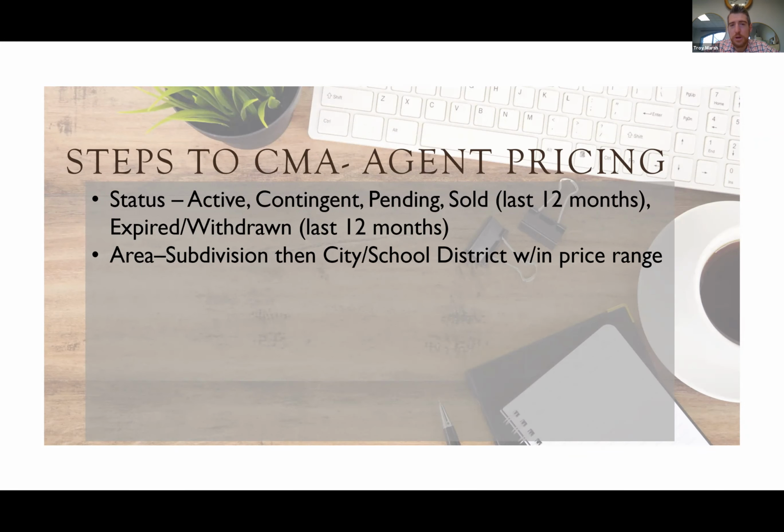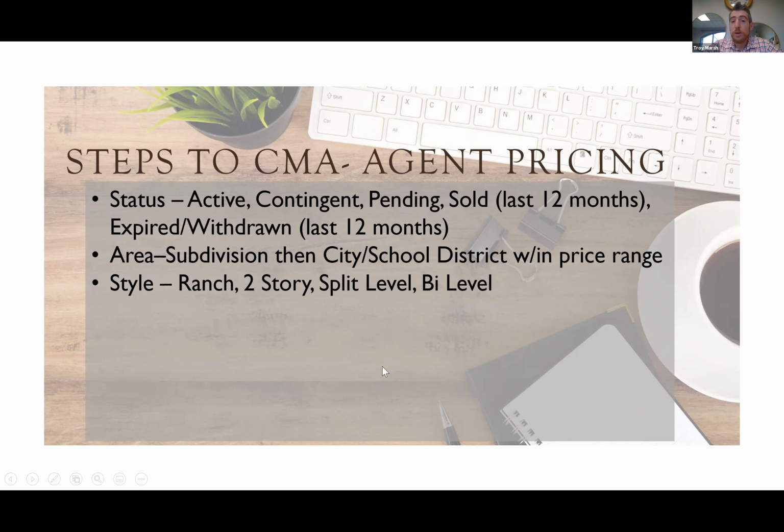For example, out in the Plain City, Marysville area, Fairbanks School District, which most people, if you've never looked out there, would never have heard of, is actually the highest regarded school district in the Northwest rural area, in the Marysville area. But if you've never sold anything out there, you would have no idea that Fairbanks schools are worth significantly more for the same house than Marysville schools. So it's definitely something that you want to pay attention to.